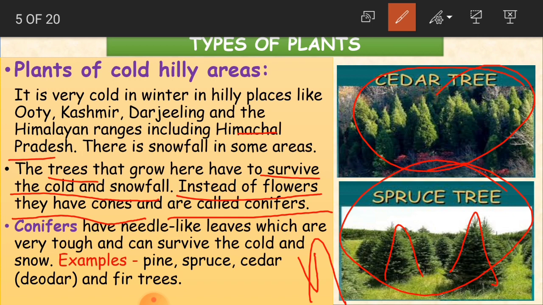For example, pine, spruce, cedar, deodar and fir trees. See here you are able to see in the pictures. These are some examples of trees which survive in the cold and snow areas. So these are one type of plants which grow in cold hilly areas.